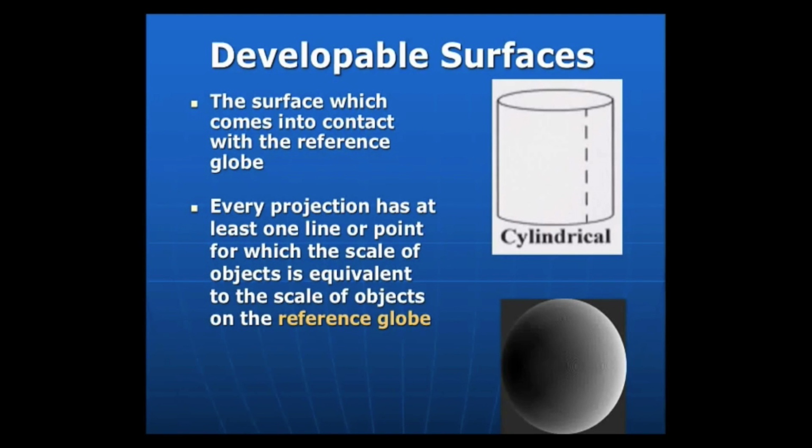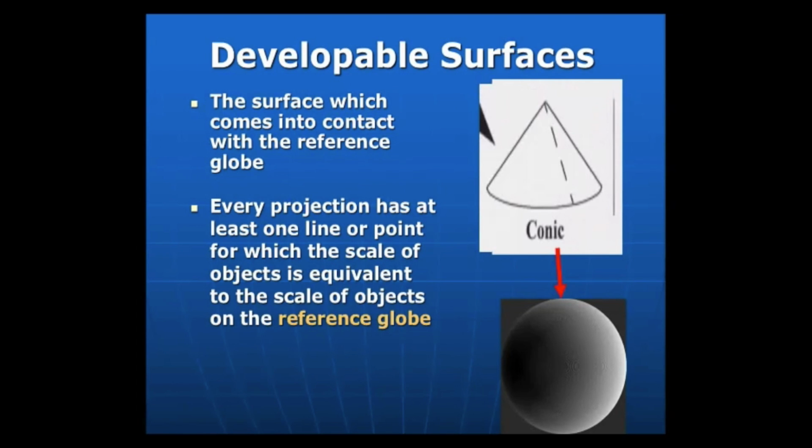Well, you're assuming that the globe doesn't spin, right? But yes, let's just go with the equator right now. Let's make sure he stays in good posture, our sphere. Yes, it would be a line on the equator. And at that line, we get equivalence. Scale is true, literally, okay?